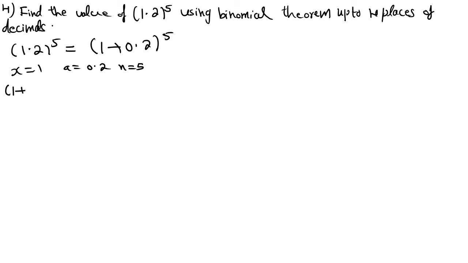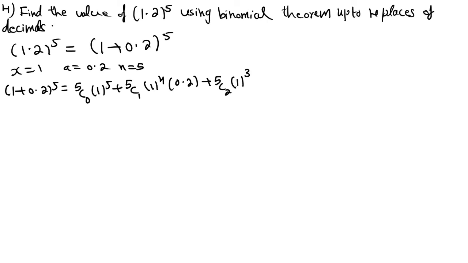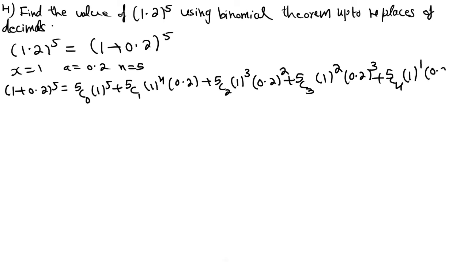Then expand 1 plus 0.2 to the power 5 equal to 5c0 into 1 to the power 5 plus 5c1 into 1 to the power 4 into 0.2 plus 5c2 into 1 to the power 3 into 0.2 square, then plus 5c3 into 1 to the power 2 into 0.2 to the power 3 plus 5c4 into 1 to the power 1 into 0.2 to the power 4 plus 5c5 into 0.2 to the power 5.